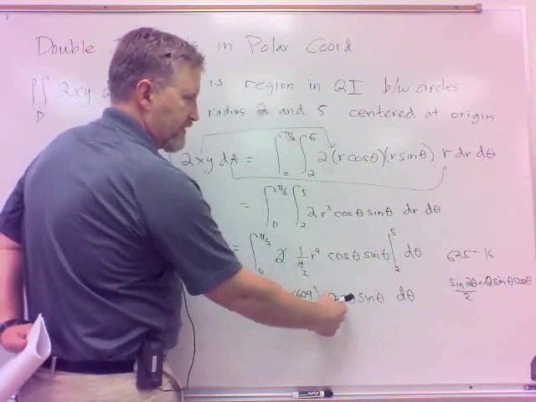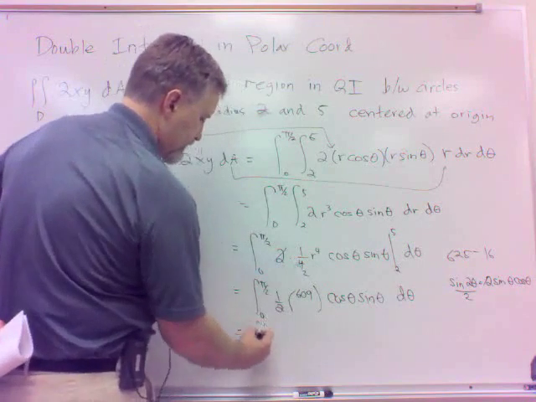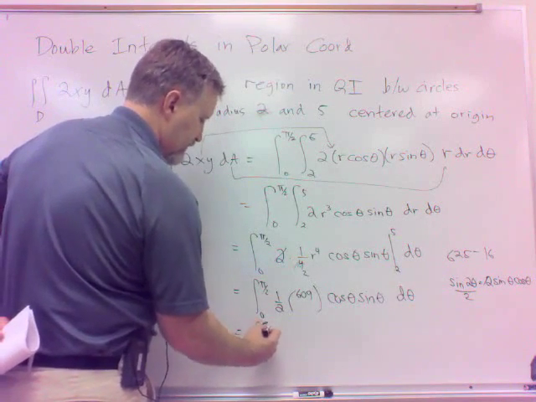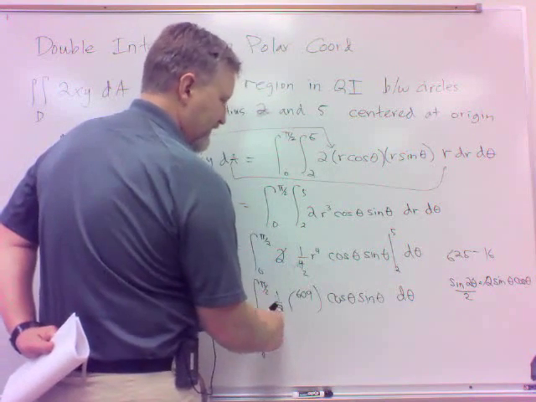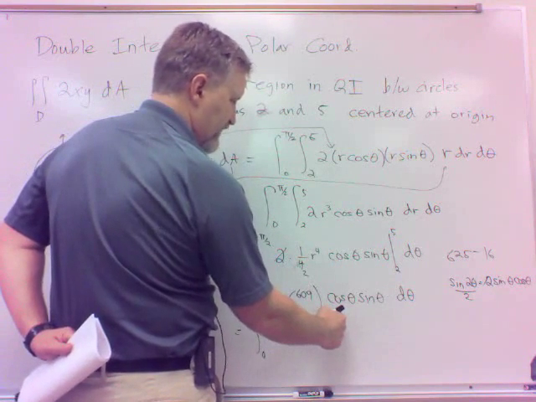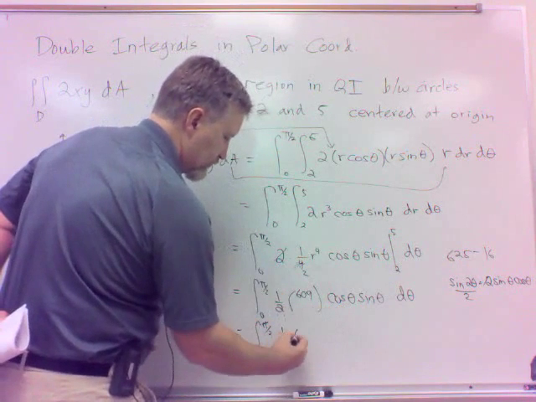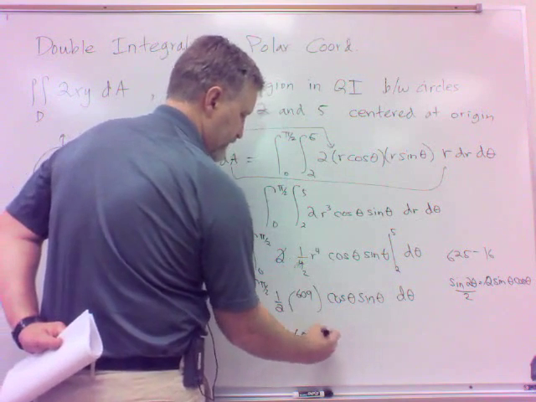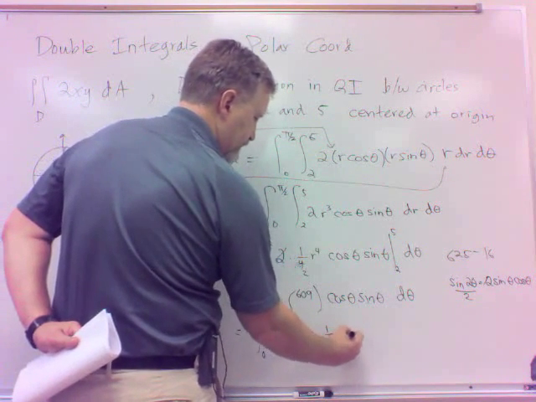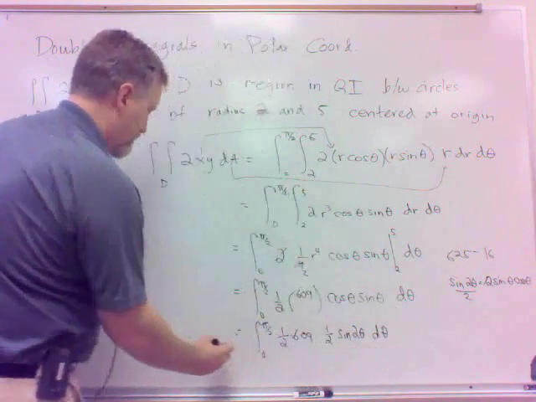So if I change that over, just to remind you of something we've done in the past, here we've got sine 2 theta over 2, or 1/2 sine of 2 theta.